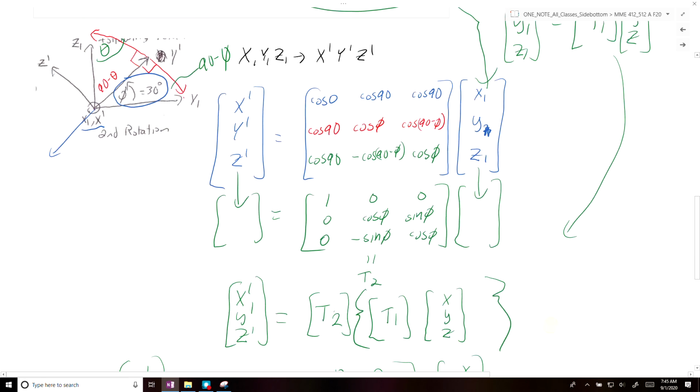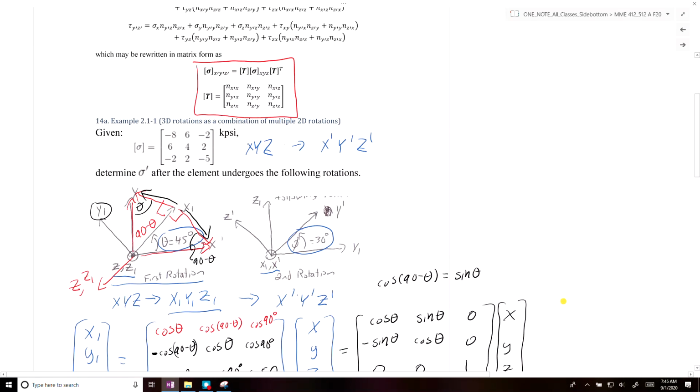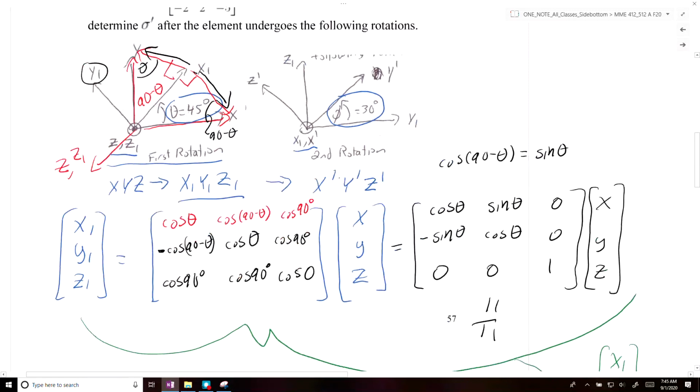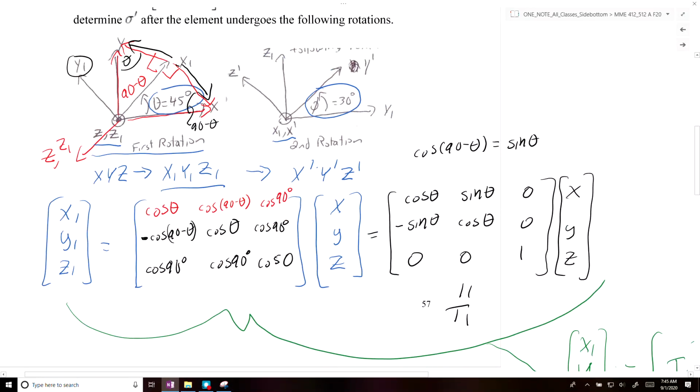In order to do a stress transformation, you need to know the relationship between the old coordinate system, the xyz coordinate system, and your final coordinate system, which in this case was the x prime, y prime, z prime coordinate system. To establish that, we used a set of transformation matrices filled with our directional cosines to define the relationship between the xyz coordinate system and our intermediate coordinate system x1, y1, z1.